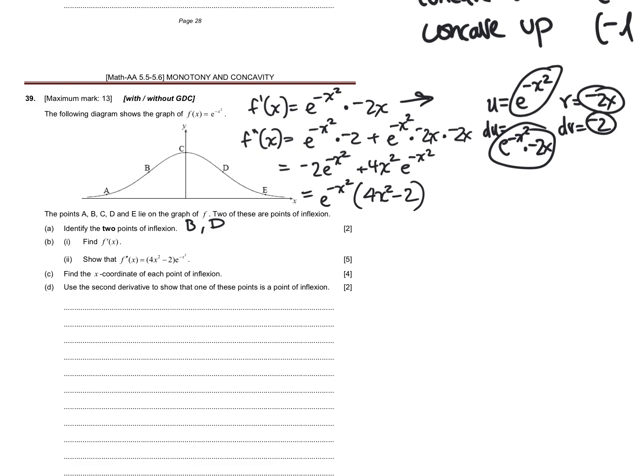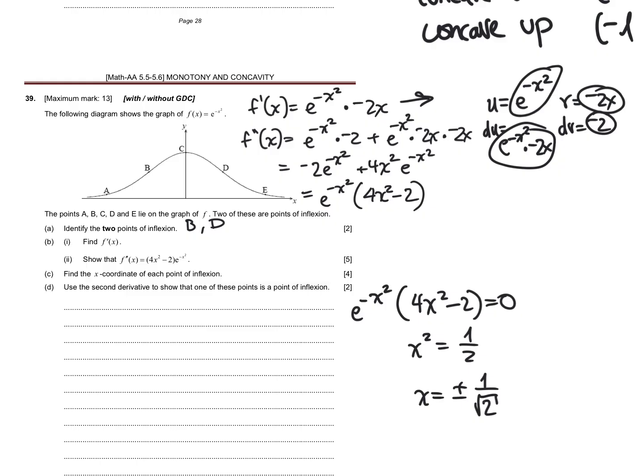Anyways, find the x-coordinate of each point of inflection. So we're going to have the second derivative equal to 0. e never equals 0, so we're just going to have x squared equals 2 over 4, 1/2. So x is plus or minus root 1 over 2.